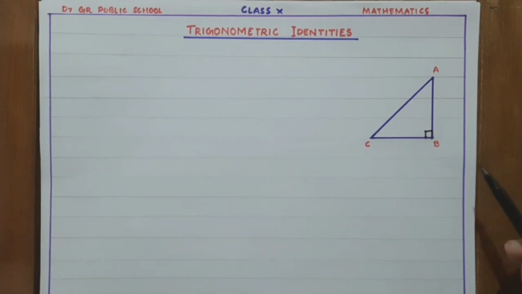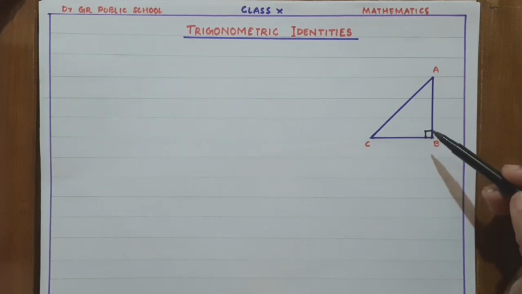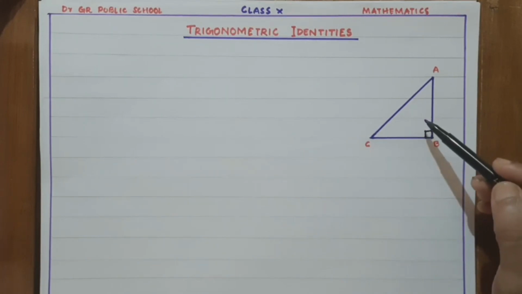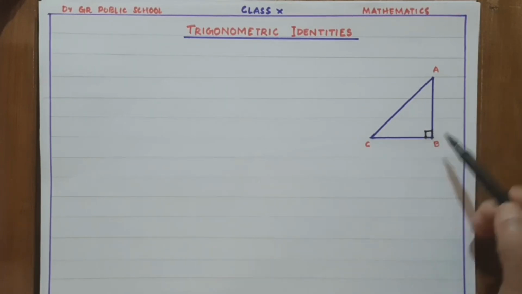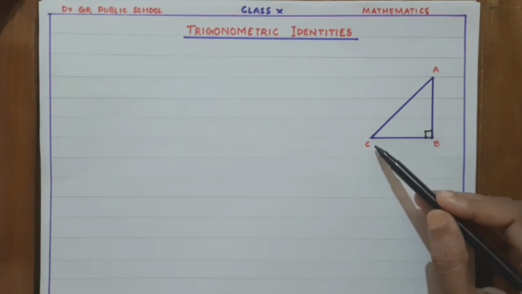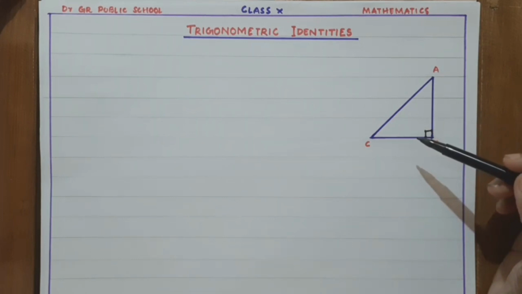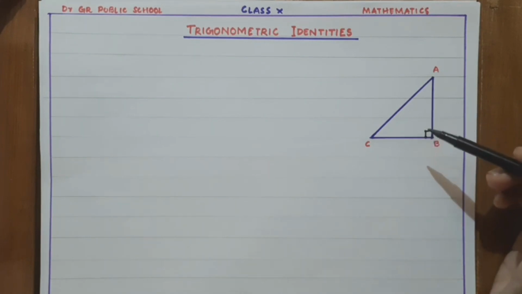So here also we need to get the equations using these trigonometric ratios. For that, first we are considering this right triangle and the Pythagoras theorem. When you apply the Pythagoras theorem in this triangle, AB square plus BC square is equal to AC square, isn't it? So here we are going to discuss the proof of trigonometric identities.